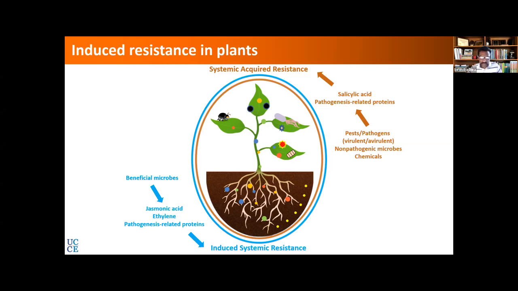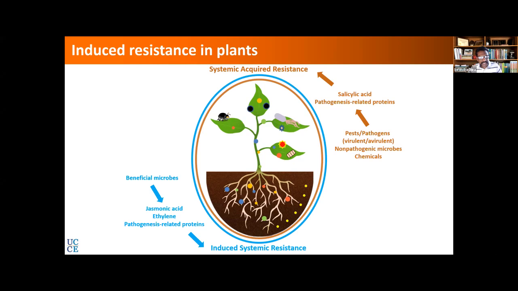So we have one, systemic acquired resistance, when the plant is exposed to real stress factors. Then the other one is when the plant is exposed to the beneficial ones. So this is like antibodies being produced in our body when we have a cold or when we have a health issue.